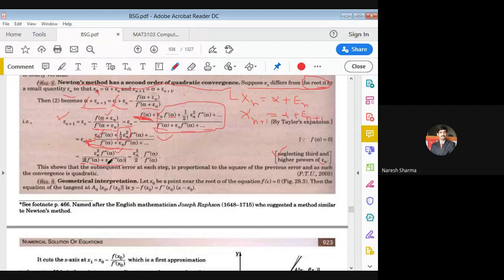So here also the derivative changes, we neglect this term also, because a small quantity in the denominator part also makes the quantity very large, so we neglect this part also. So we are left with epsilon square by 2 f double dash alpha divided by f dash alpha.